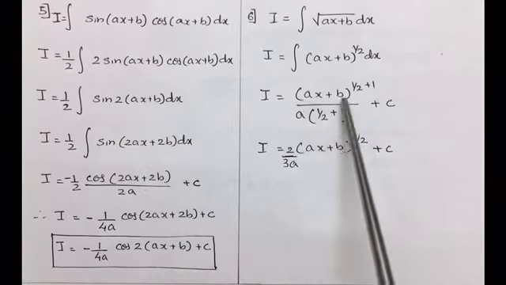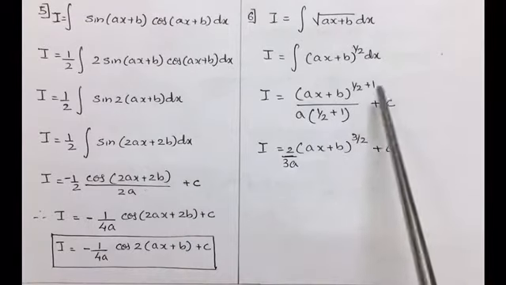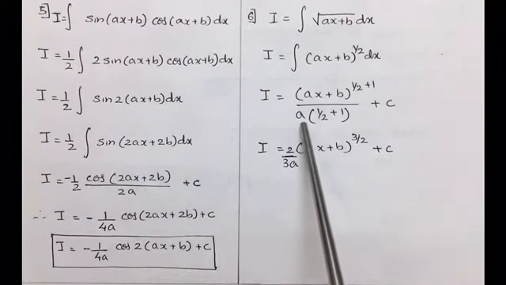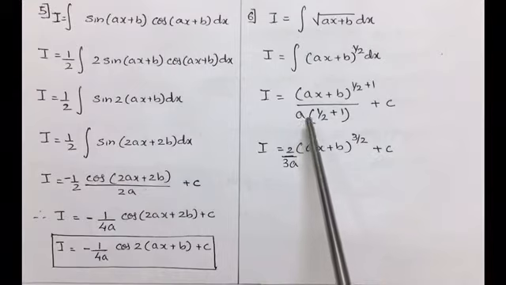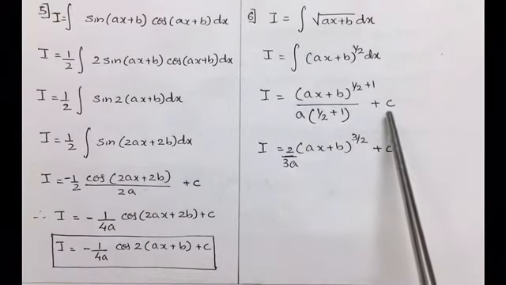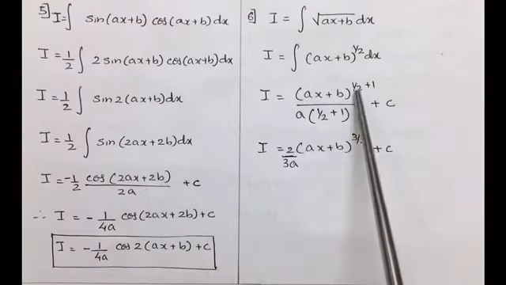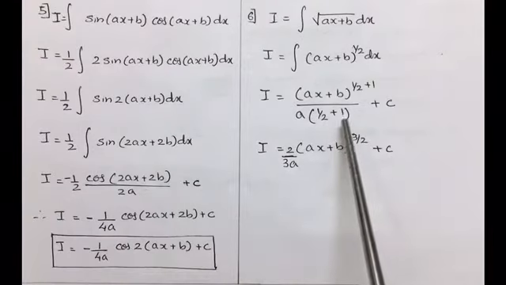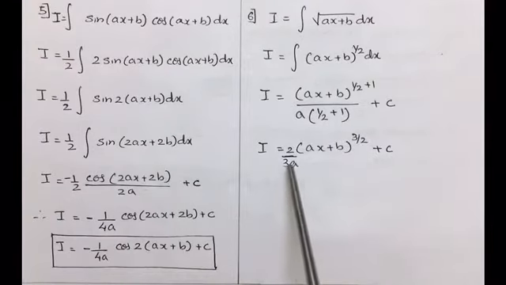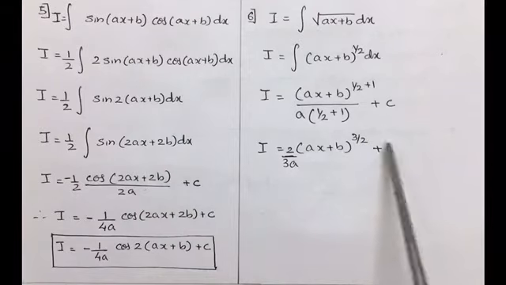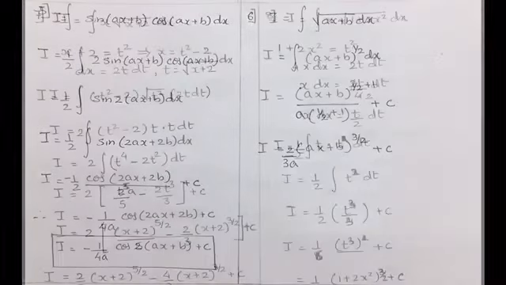Here we will get ax plus b raised to half plus 1 divided by half plus 1, and the coefficient of x is to be divided. The coefficient of x is a, so it is being divided here, plus c. Now half plus 1 is 3 by 2 and downside also we will get 3 by 2. So expressing it in the form of 2 upon 3a, ax plus b raised to 3 by 2 plus c is the final integration.